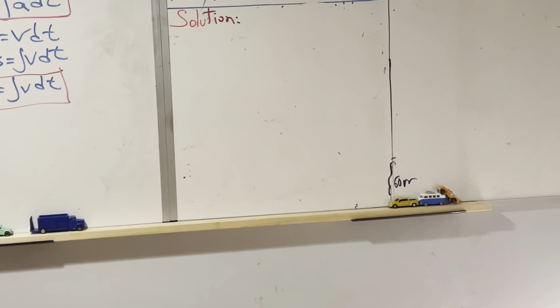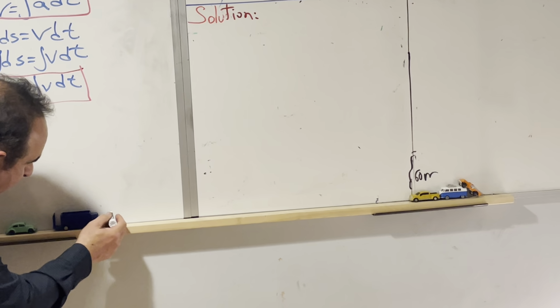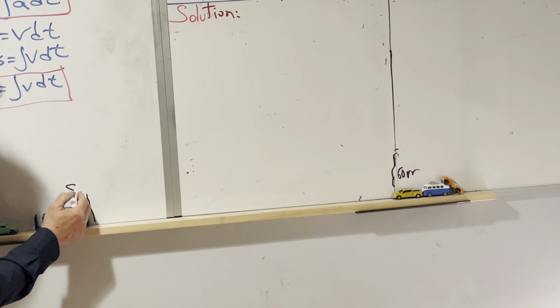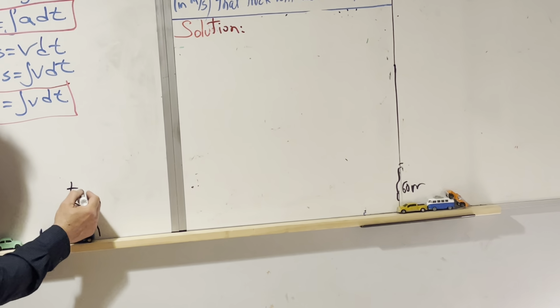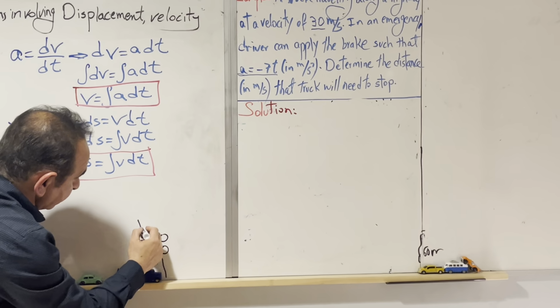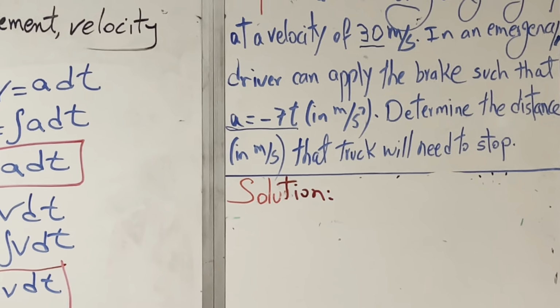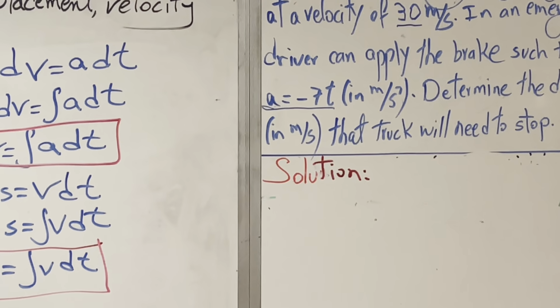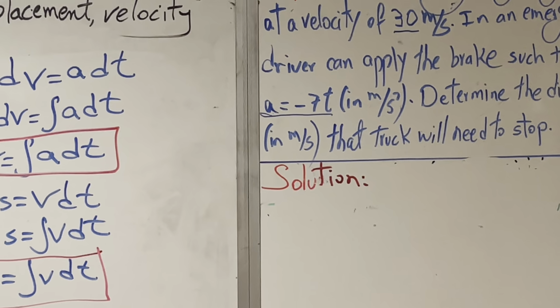So the driver applies the brake at this point here. We have the initial displacement. Initial time is 0. Initial velocity is 30 meters per second. We also have the acceleration is minus 7t.